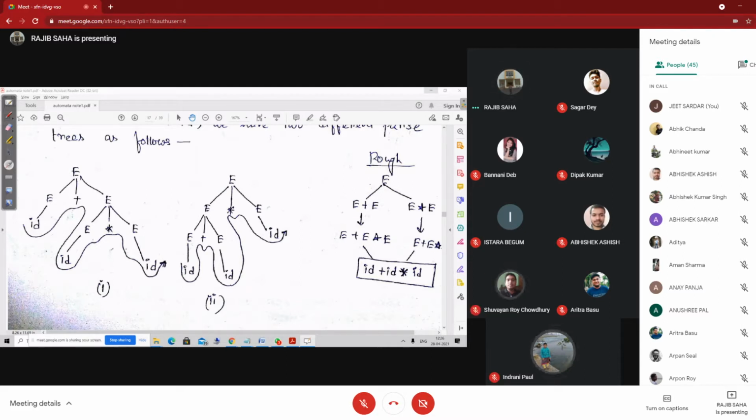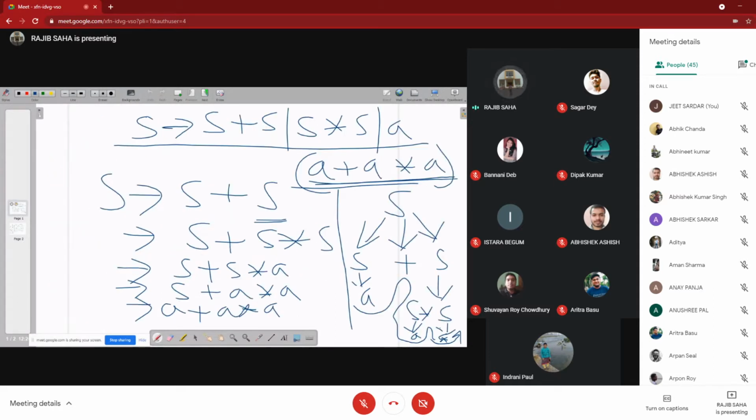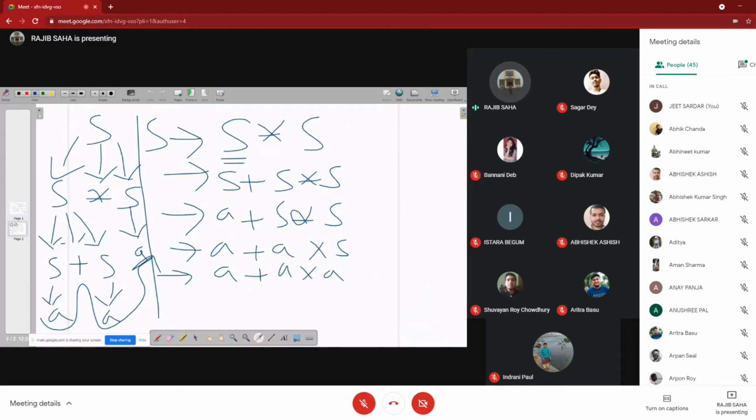Sir, please repeat. For a same sentence, as I've told you, you can see that this is your grammar and this is the sentence. So from the same grammar and for the same sentence you have two different parse trees. One is this one and another one is this one.